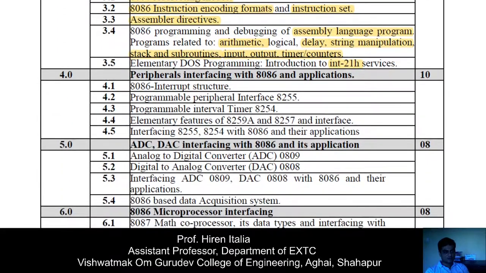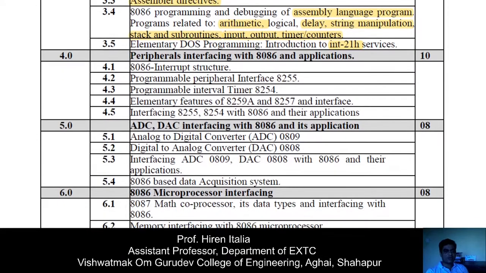Okay, now there is module number 4, that is peripheral devices. That means the different peripheral devices that we are connecting to our 8086 microprocessor. For that, first of all we have to study the interrupt structure, because whenever you are connecting a peripheral device to your microprocessor, you must study the interrupt structure, how that device will interrupt your microprocessor and how it will work accordingly.